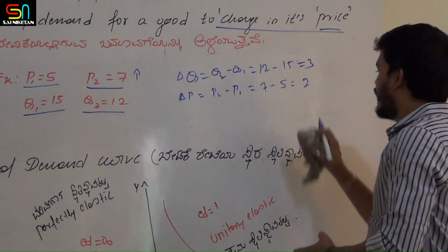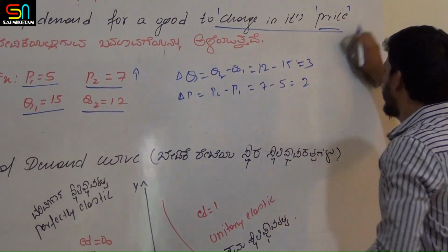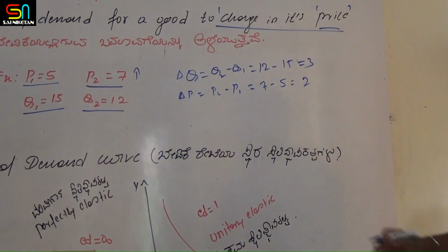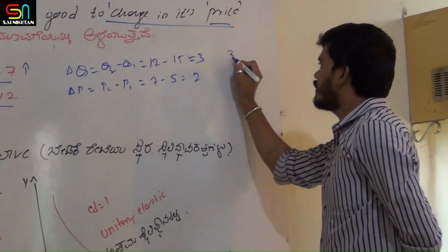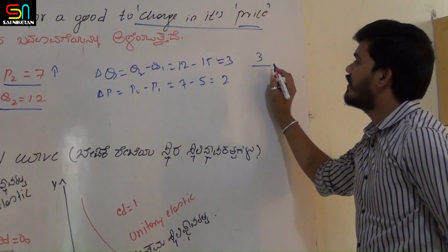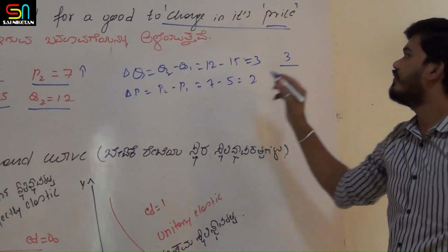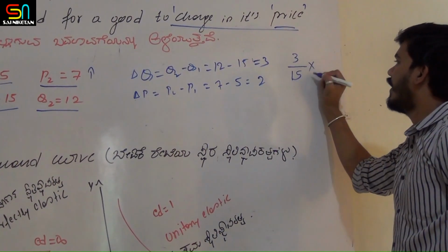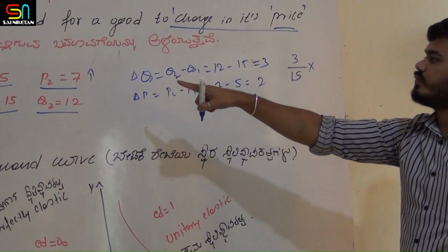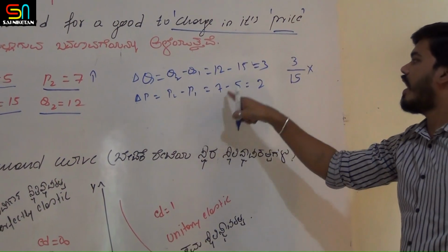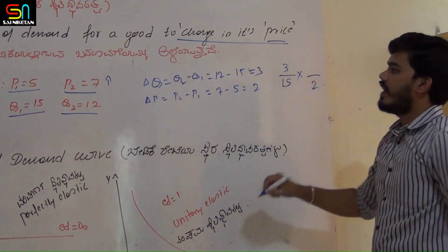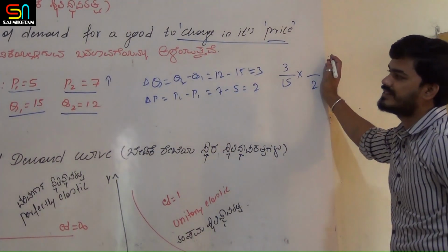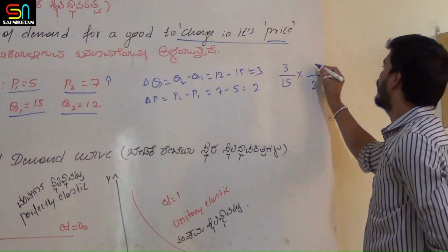So now we have all the values: change in Q, change in P, as well as the initial P. First, the formula: change in Q, which is 3, divided by initial Q, which is 15, into change in P, which is 2, and initial P, which is 7.